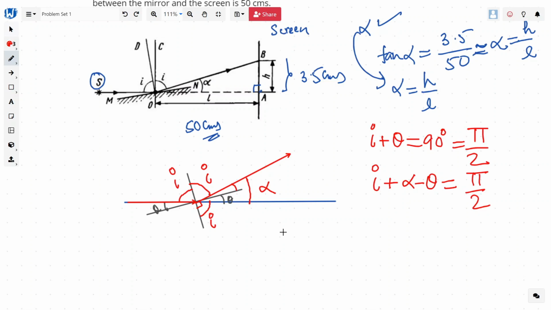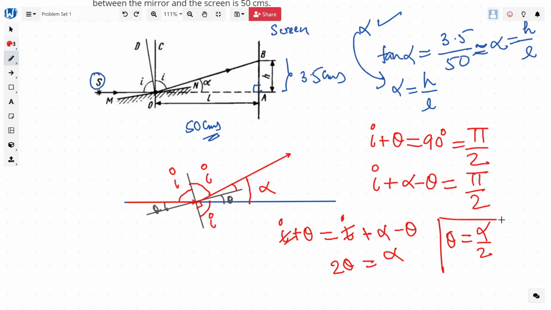So we're going to write I plus theta is equal to I plus alpha minus theta. So this one cancels. Basically 2 theta is going to be alpha, so theta is going to be alpha by 2.